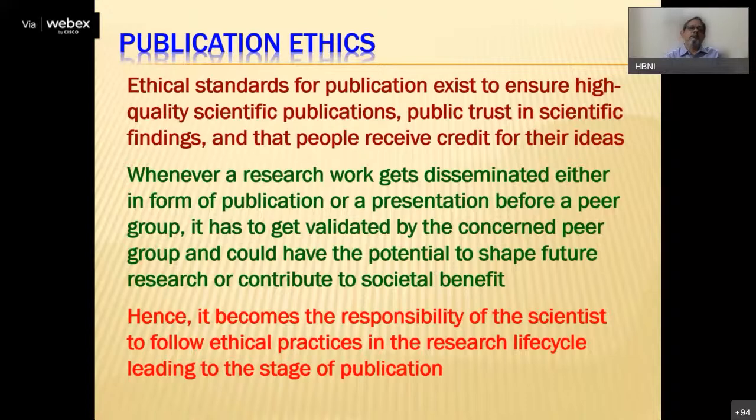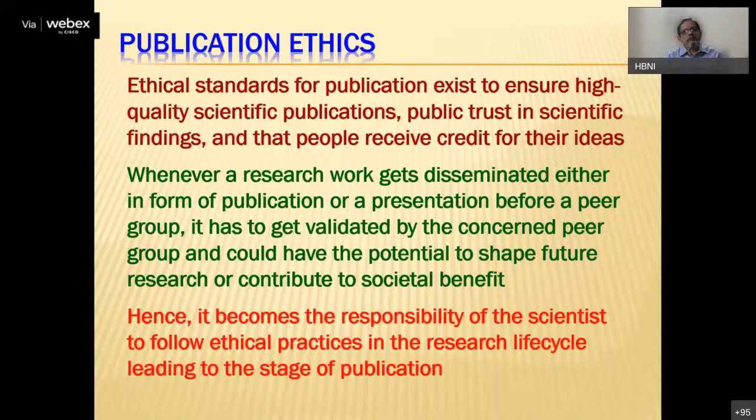So the ethical standards for publication exist to ensure high quality scientific publications, to ensure public trust in the scientific findings, and to ensure that the right people receive credit for their ideas.